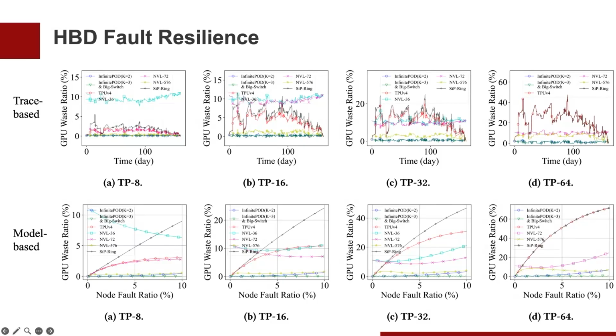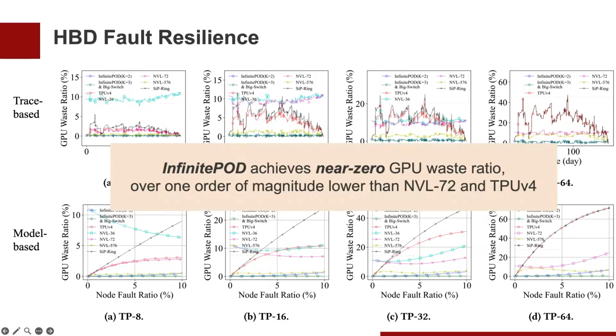We believe this metric is a good indicator of HBD efficiency. From these figures, I can conclude our design achieves a near-zero GPU waste ratio, which is over one order of magnitude lower compared to the NVL72 and the TPU-V4, which are the state of the art of the two representative HBD architectures.